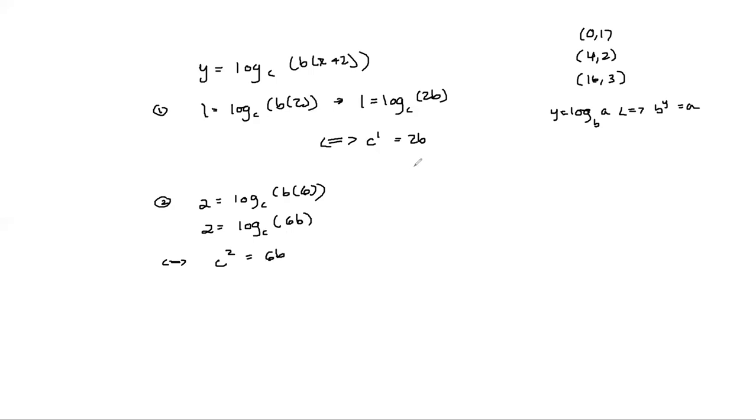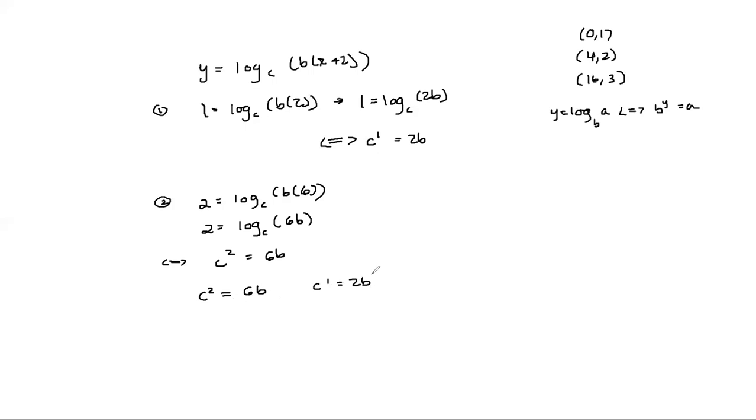So now I have two different equations with both c and b. This tells me that c to the power 1 is equal to 2b, and c to the power 2 is equal to 6b.